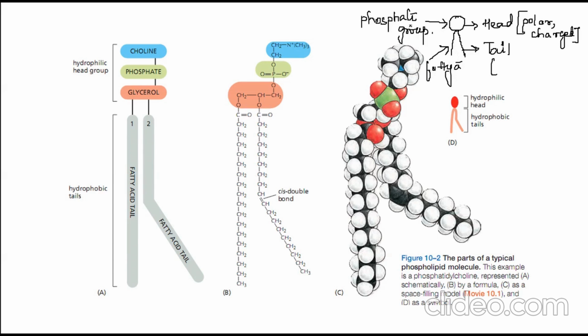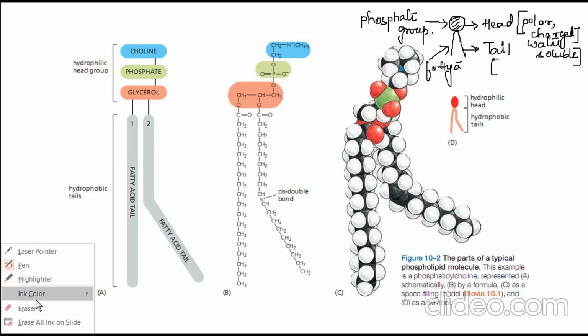These phosphate groups are charged molecules, so the head region is charged. Remember, the head region is water soluble, and the tail region, the fatty acid, is not water soluble.